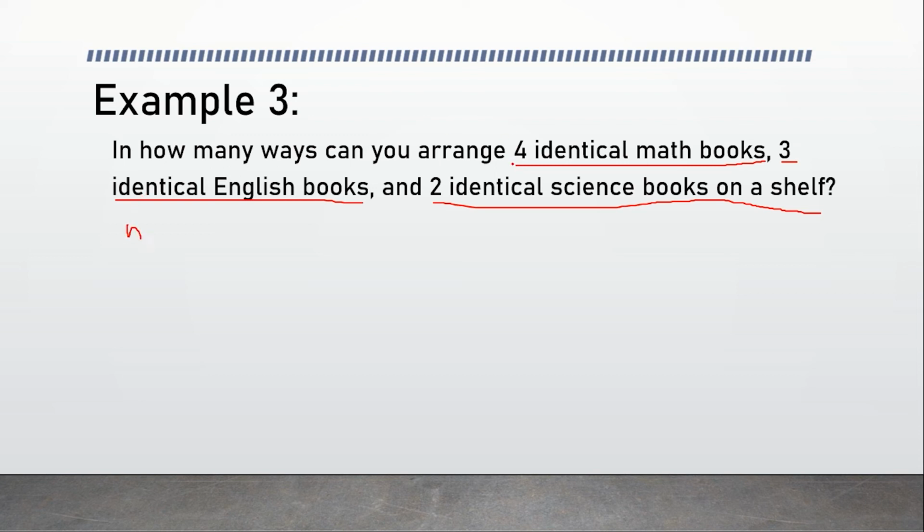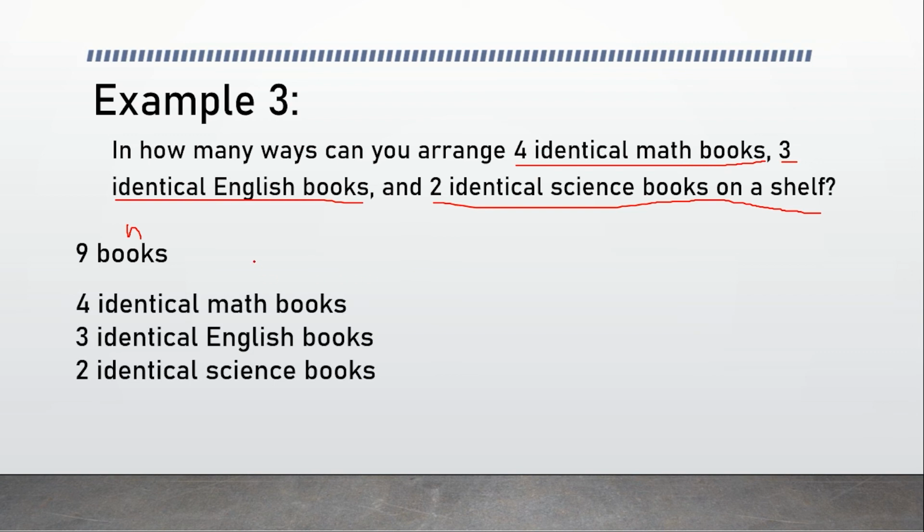We have 4 plus 3 plus 2, and we will come up with 9 books. Ano yung mga object natin dito na merong identicals? Naka-indicate na dito sa ating problem yung mga identical books. So meron daw tayong 4 identical math books, 3 identical English books, and 2 identical science books.